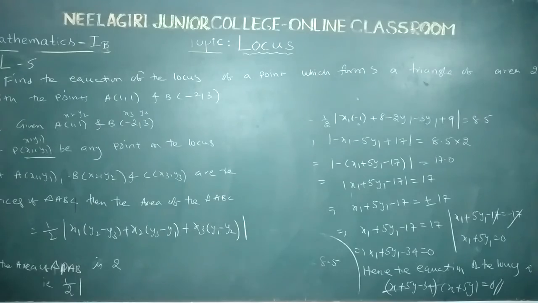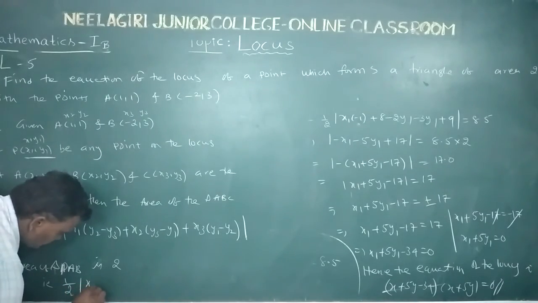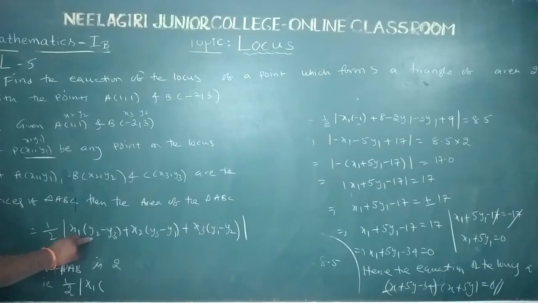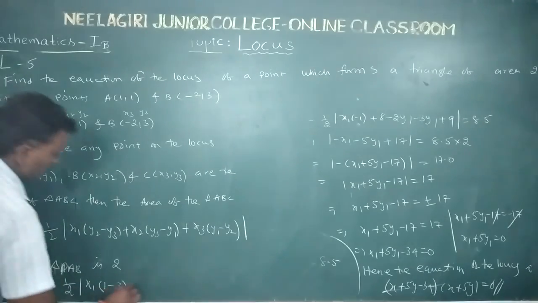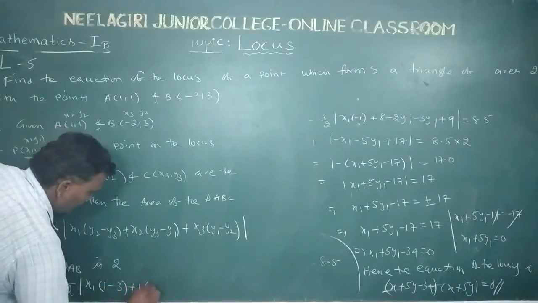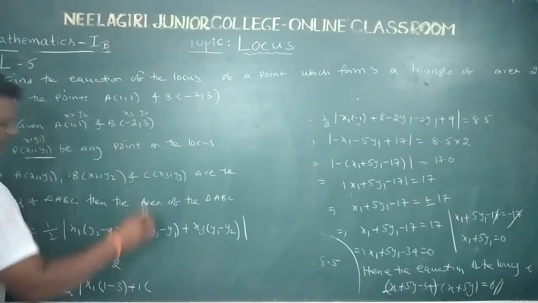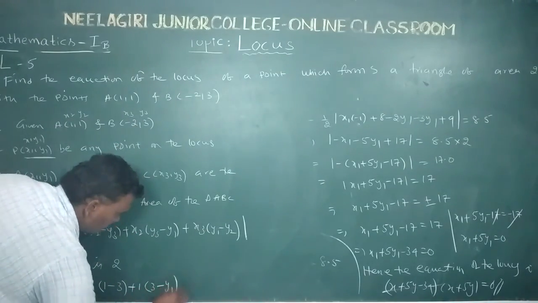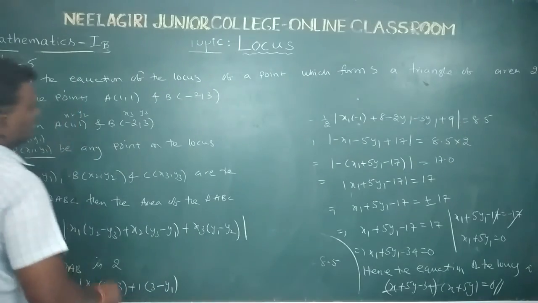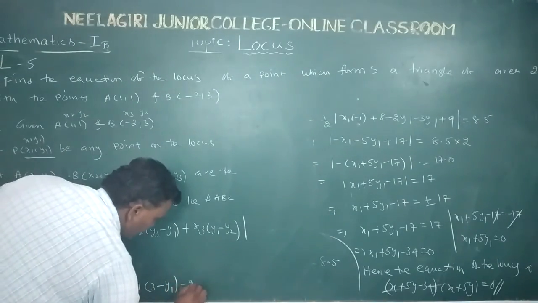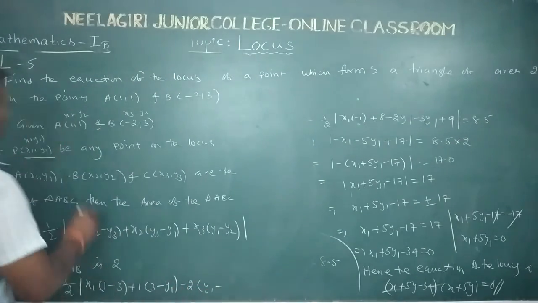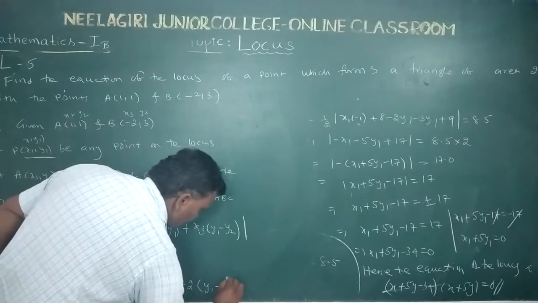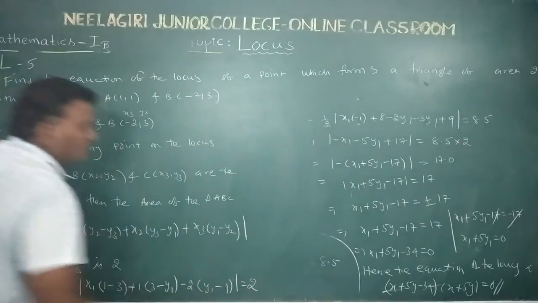Consider the x1: x1 into (y2 minus y3), formula for y2 minus y3, y2 is equal to 1, y3 is equal to minus 3. Plus x2 is equal to how much? 1 into (y3 minus y1), y3 is equal to 3, y1 is the y1. Plus x3 is equal to how much? Minus 2 into (y1 minus y2), y2 is equal to 1. Is equal to 2.